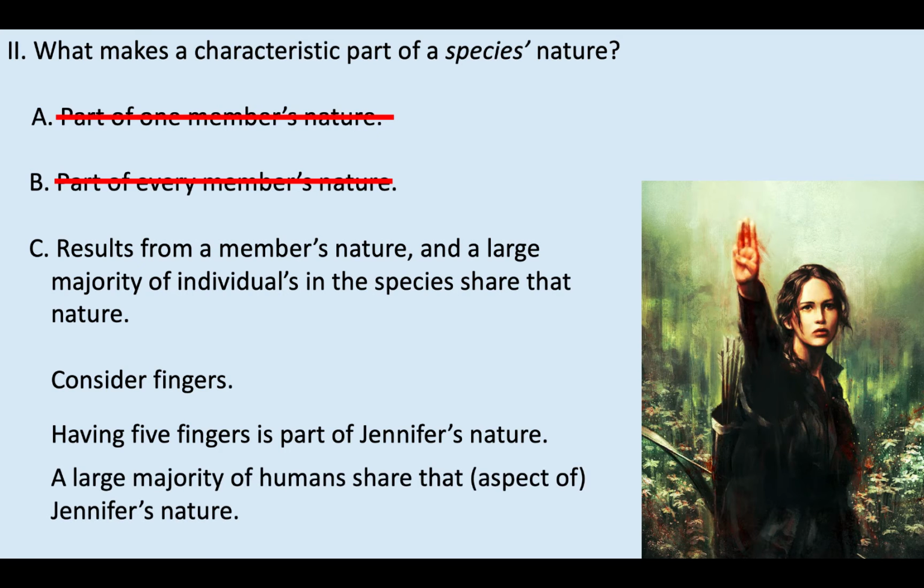And a large majority of humans share that aspect of Jennifer's nature. So, by this specification, having 5 fingers is part of human nature. That doesn't mean that every human has 5 fingers, but it does mean that having 5 fingers is part of human nature. And that seems plausible. It seems like it's characterizing this example correctly.